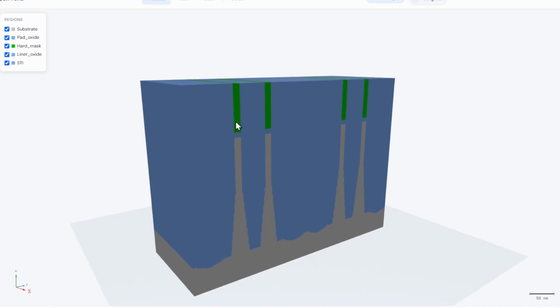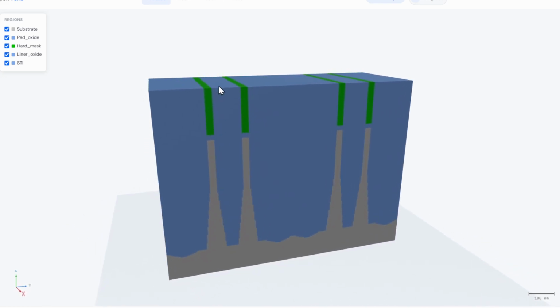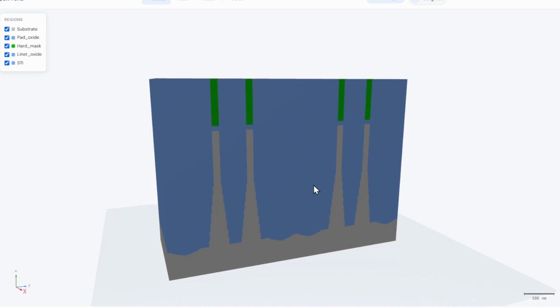Previously, the hard mask top was used as the CMP stop layer, but now it is a little different, because previously there were equally placed fins, but now we have some non-active parts without fins, and we have active parts where we have fins. That is different.